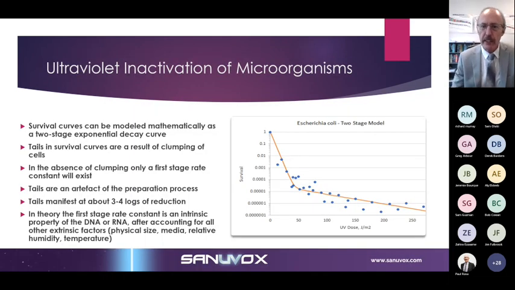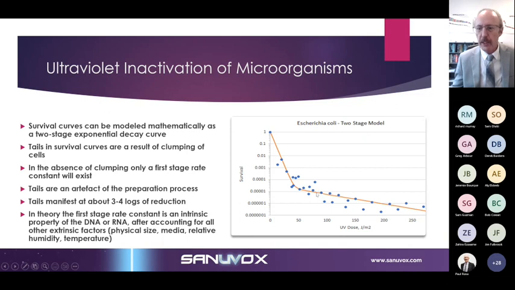Now, the ultraviolet inactivation of microorganisms is generally observed to be described by a two-stage process. There is a first stage, which may go on for 2, 3, maybe 4, even 5 logs, but at some point, the slope of the survival curve alters dramatically and makes it difficult to achieve further log reductions.